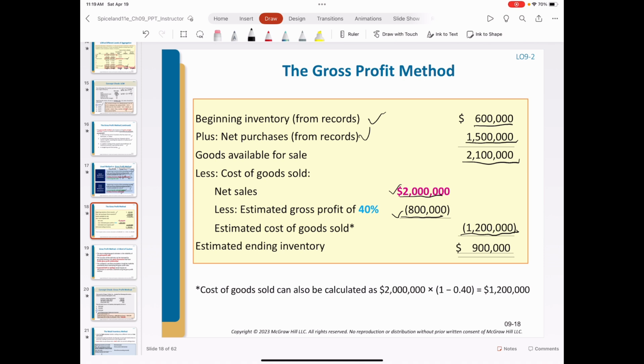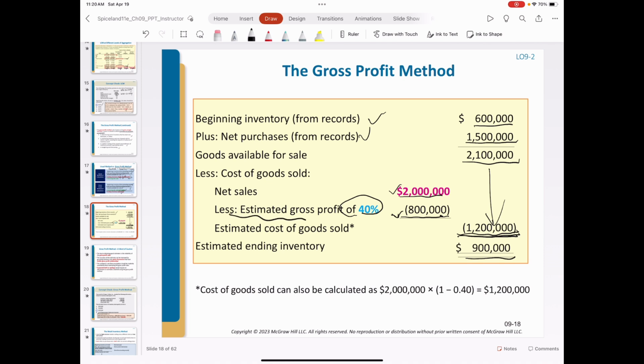If we are given the gross profit is 40% of revenue, so gross profit will be $800,000. And we subtract from net sales, the cost of goods sold is 1.2 million. Then the difference, 900,000, is the ending balance of inventory that is estimated based on the gross profit method.